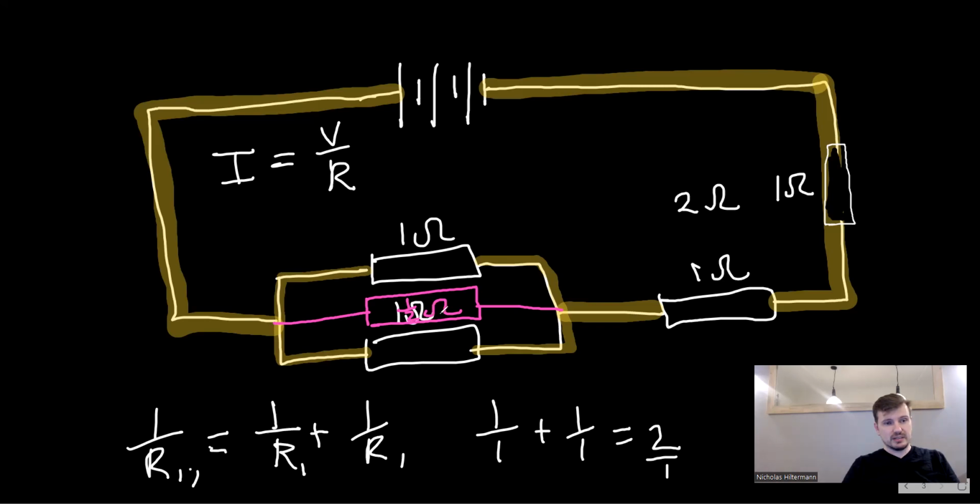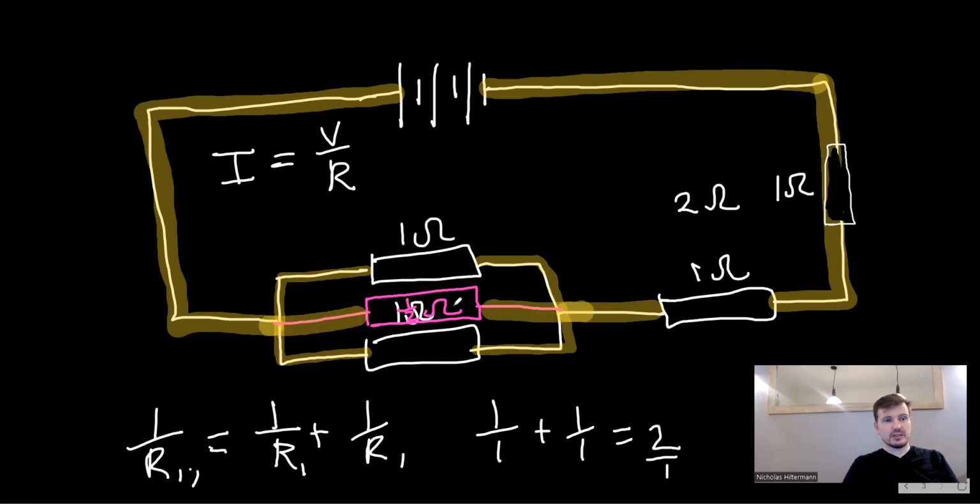It's 1/2 an ohm instead of these two combined. But your current is still the same going across. If I was to treat these two 1 ohm parallel resistors as one, it would still be the same across the whole circuit.